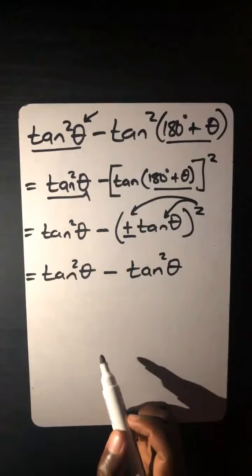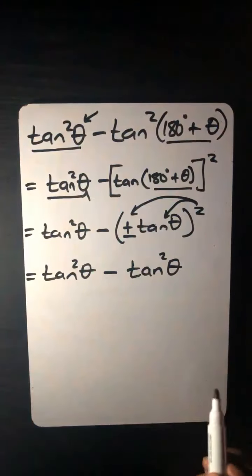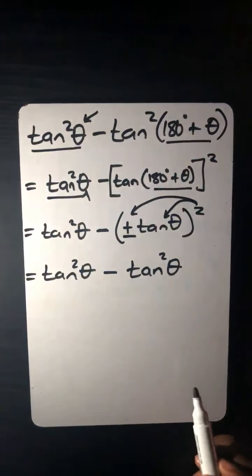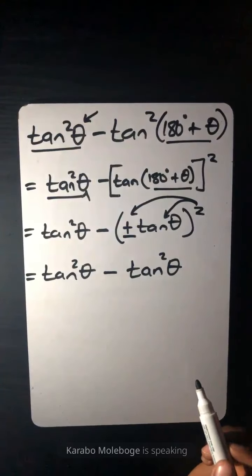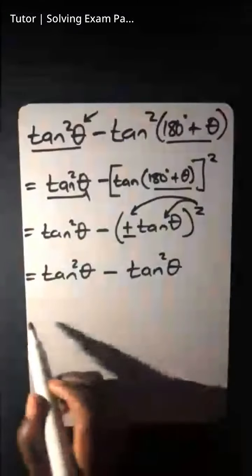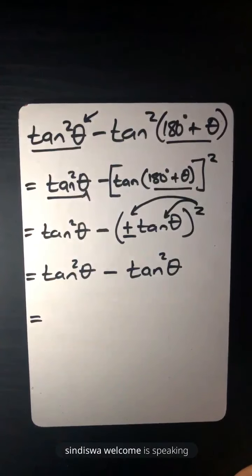So, guys, is our simplification done, or can we further simplify this thing? I think you can simplify. Okay. What is it going to be? I think it's going to be 0.